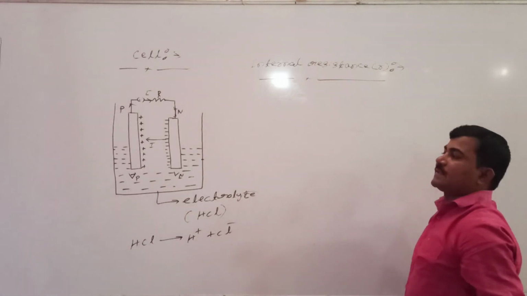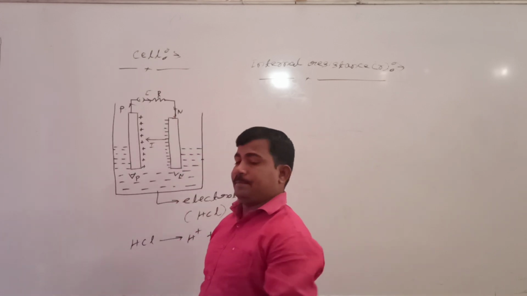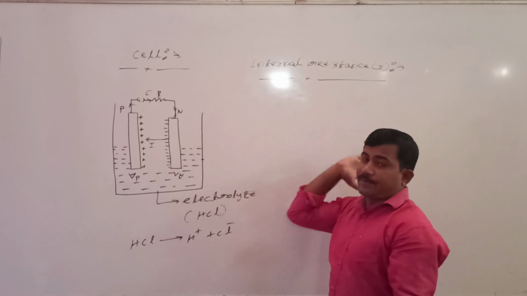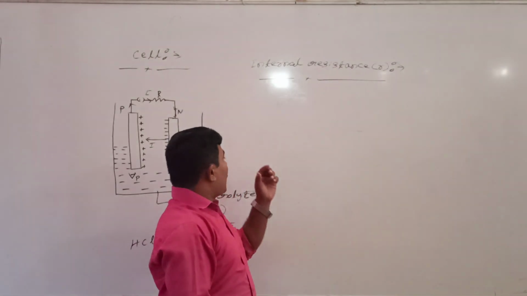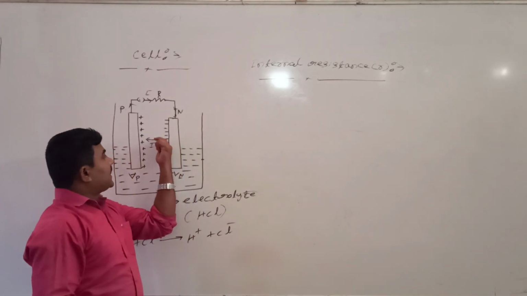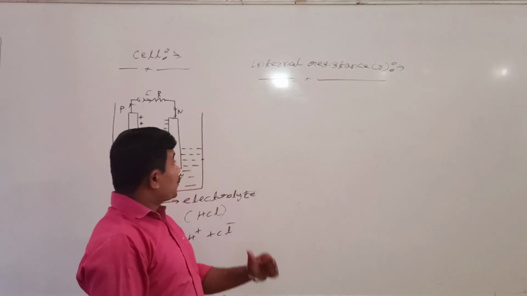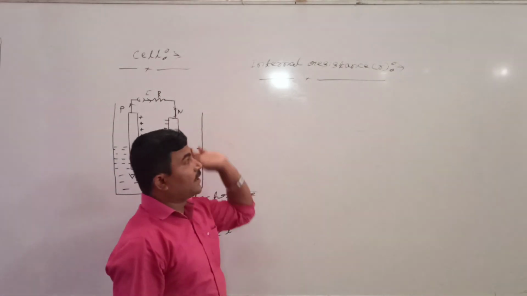The flow of current inside the cell has some certain opposition, and that is represented by this physical quantity. Here, internal resistance is the opposition offered by the electric cell to the flow of current. That opposition offered by the electric cell to the flow of current, we call internal resistance.